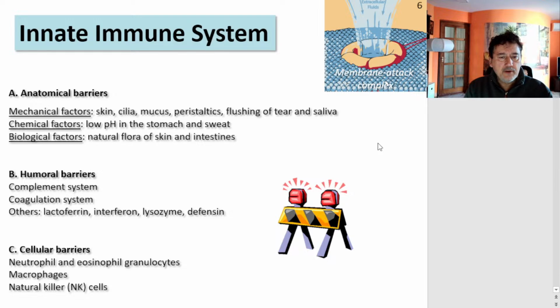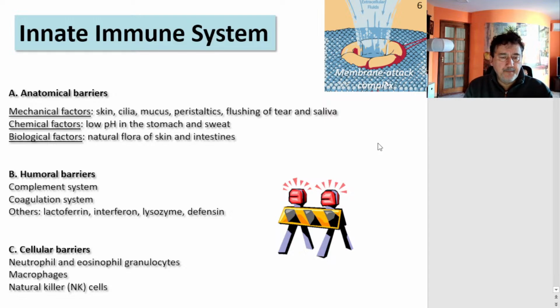The natural flora, in more modern terms our microbiome, is also a very important line of defense, because it keeps out the pathogenic bacteria. Not with 100% efficiency, because in many cases we have infections in the gastrointestinal system, but still.